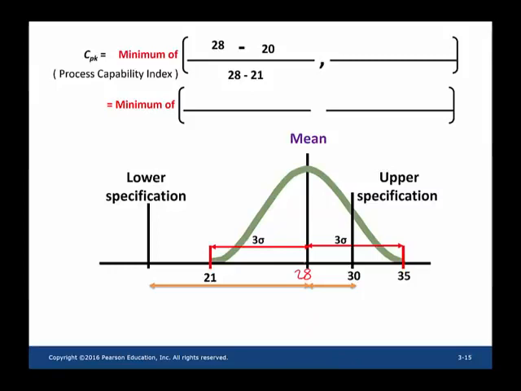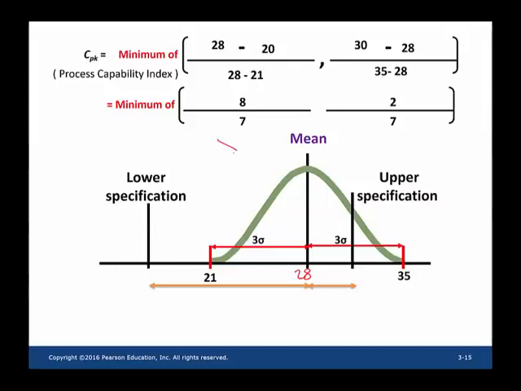Let's take a look at upper specification minus mean. Upper specification is 30, minus mean is 28. And this 3 sigma is basically 35 minus 28. So the first ratio is 8/7, and the second ratio is 2/7.